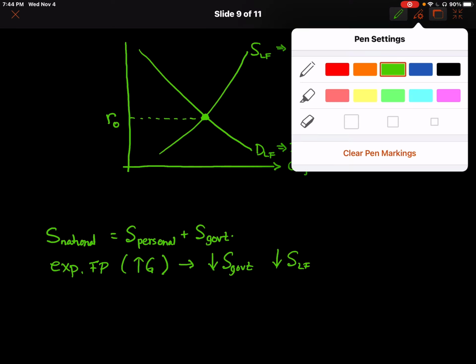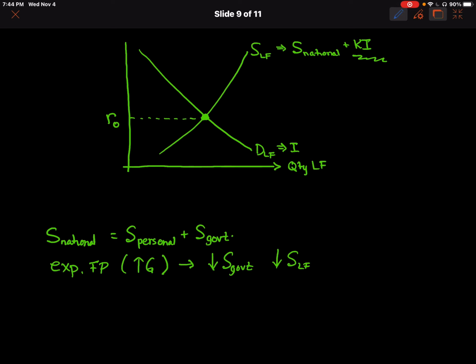So if the supply curve for loanable funds shifts to the left, we would see a higher real interest rate.